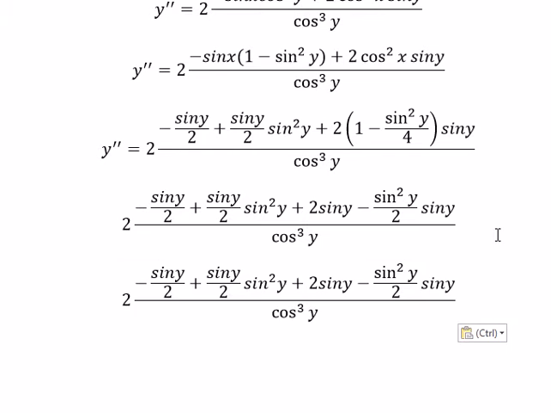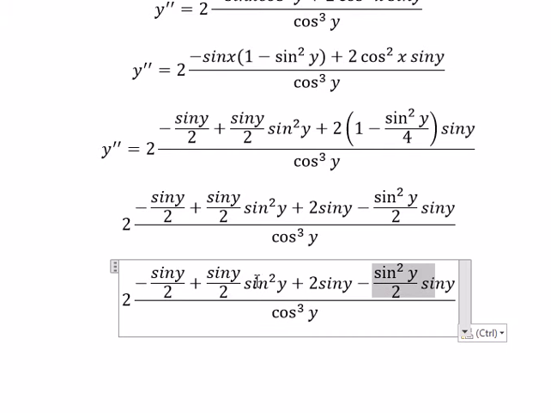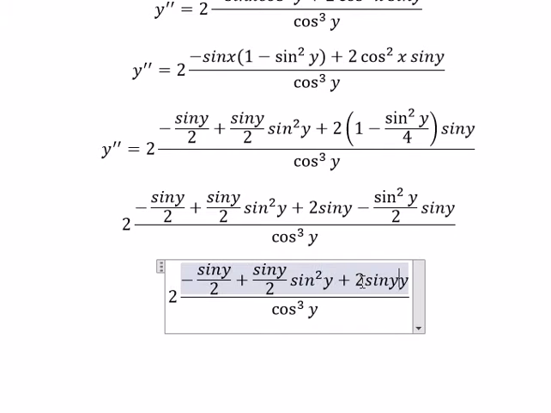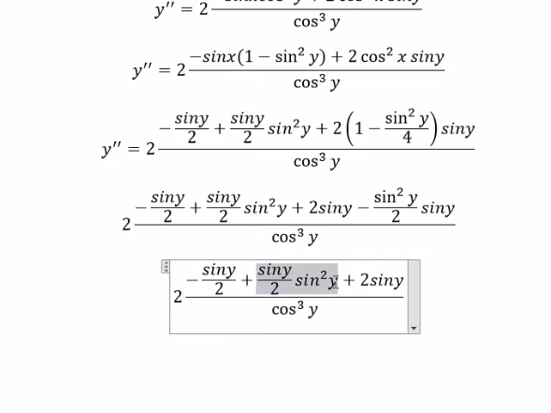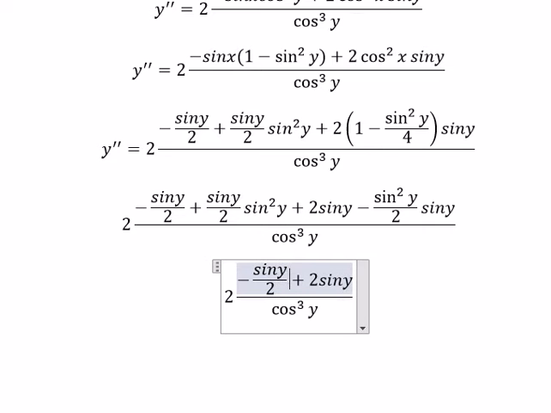So this one simplifies: negative 1 over 2 plus 2, you get negative 3 over 2.